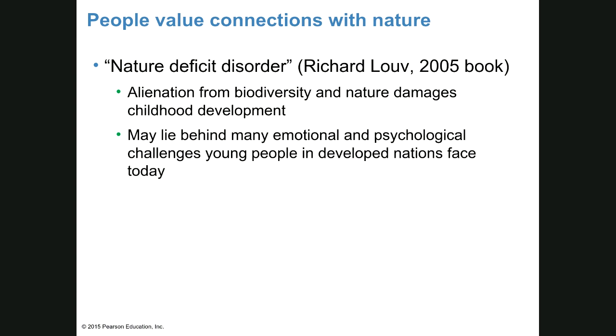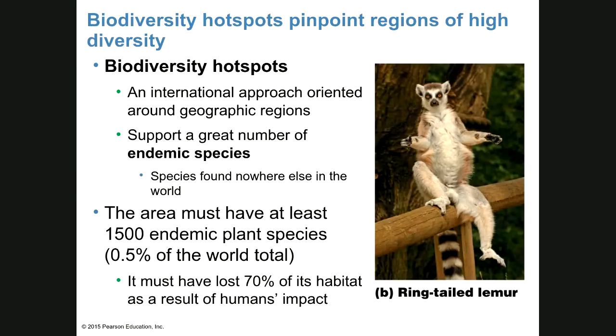Okay, I think we'll finish up on this idea of biodiversity hotspots. Biodiversity hotspots have been recognized by major international conservation organizations like Conservation International. Thinking about geographic regions and habitat loss, areas that have already lost 70% of their habitat as a result of human impacts are often targeted as a hotspot.